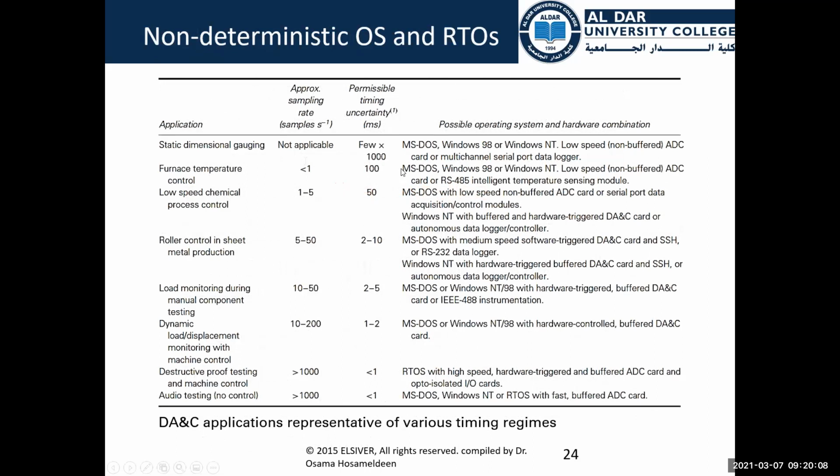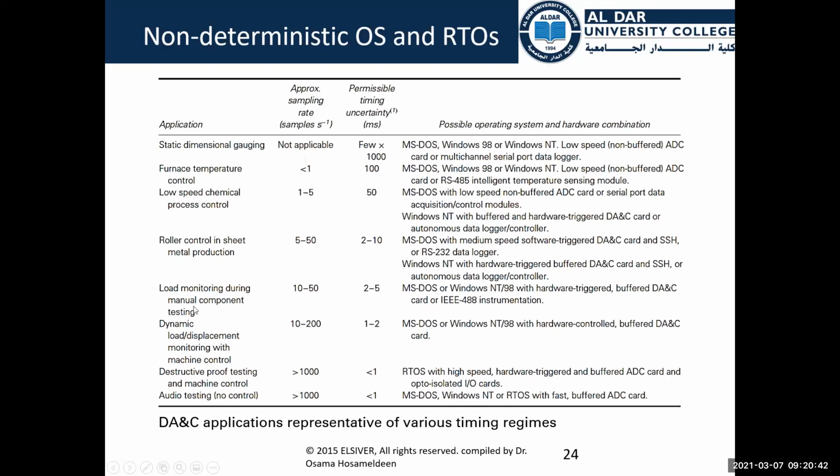For example, in this table at the top level, Windows 8 and Windows NT have very high processing time. But if you go down, you'll find RTOS, which is a real-time operating system, and hardware-triggered and buffered analog-to-digital cards, and isolated input-output cards. They are much faster compared to Windows 8 and Windows NT.